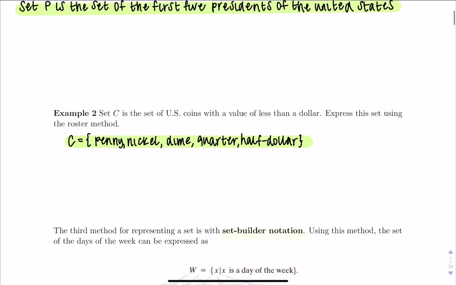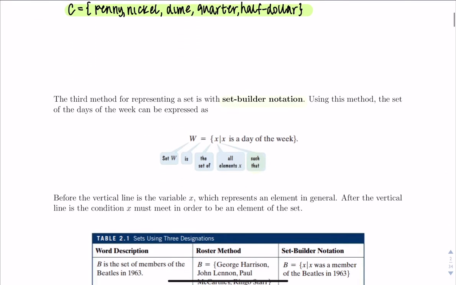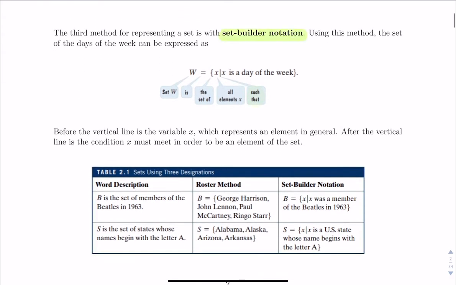The third method for representing a set is with set builder notation. So using this method, we can write our set of the days of the week as W equals, we still have our curly braces. We put a variable, usually X, and a vertical bar. The vertical bar means such that. And then you write a description using that variable.